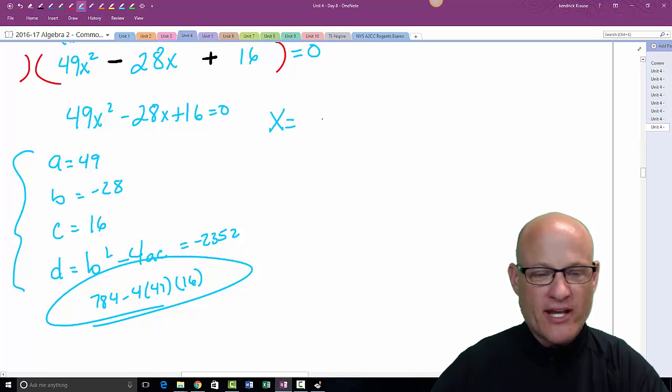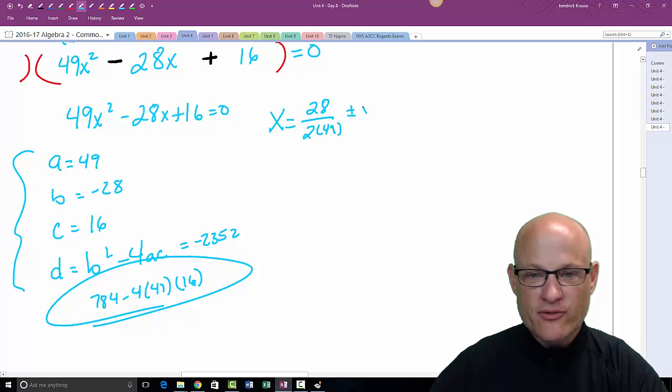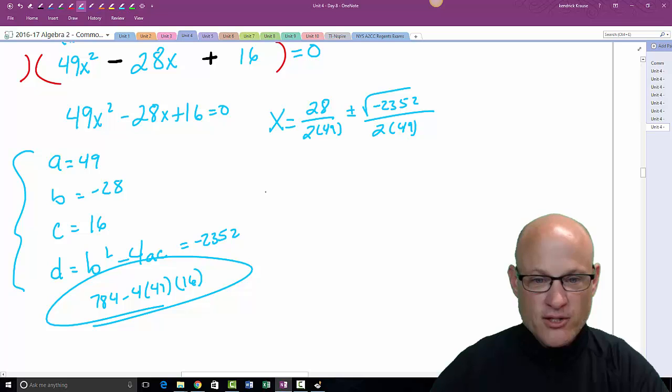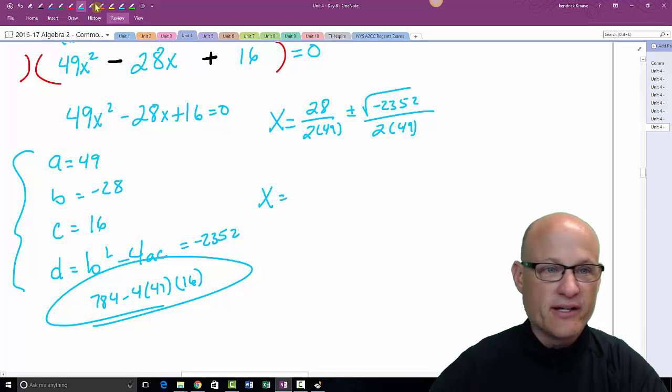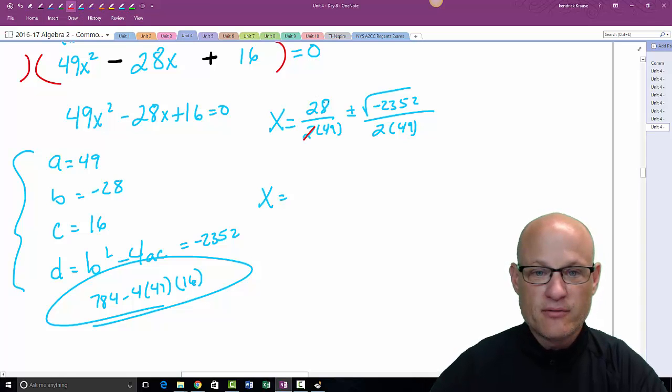So x equals, negative b is 28 over 2 times 49 plus or minus the square root of negative 2,352 all over 2 times 49. So now I get x equals 28 over, well, hold on. 2 goes into 28 14 times. At least I can do a little bit of that math.